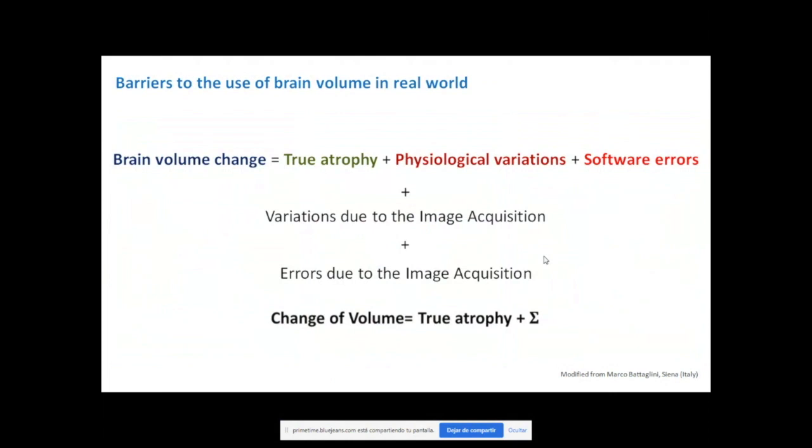All the tools have some errors, which obviously should be less than the expected change in brain volume over the period in which we assess it. There are also errors due to image acquisition, and at the end, the change of the brain or spinal cord volume is the sum of the true atrophy of these structures plus all these factors. It is extremely important to minimize the contribution of all these confounding factors.